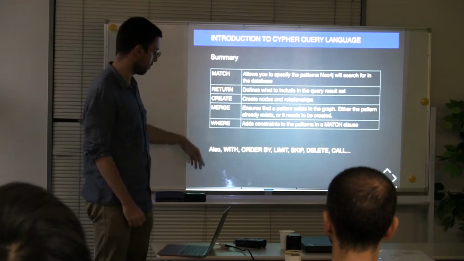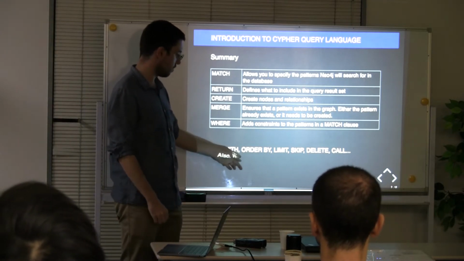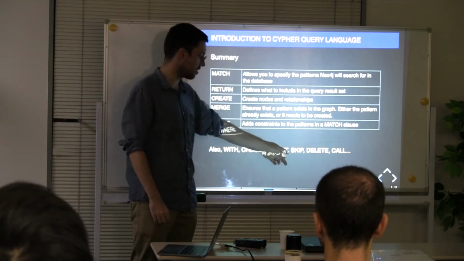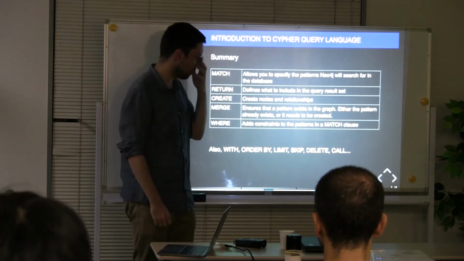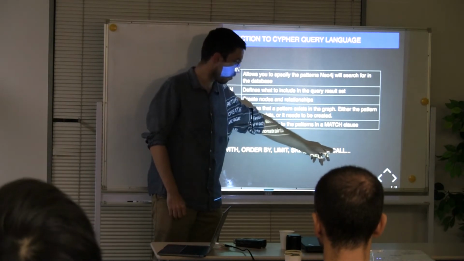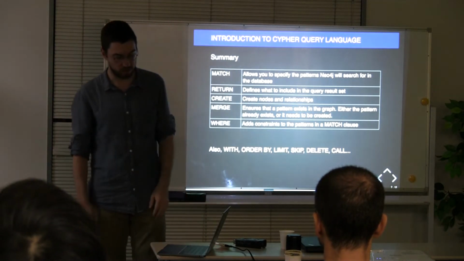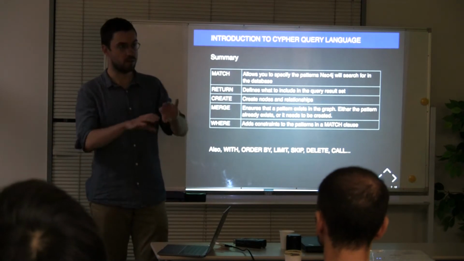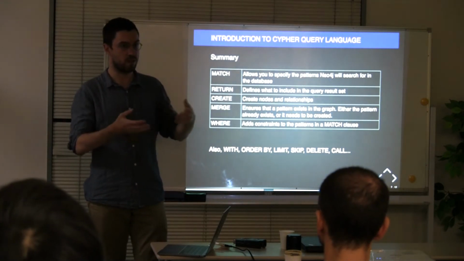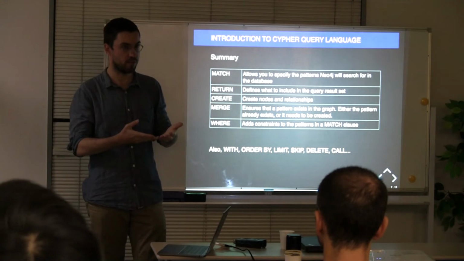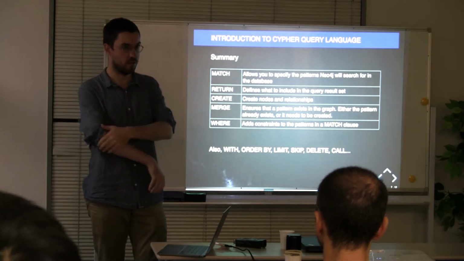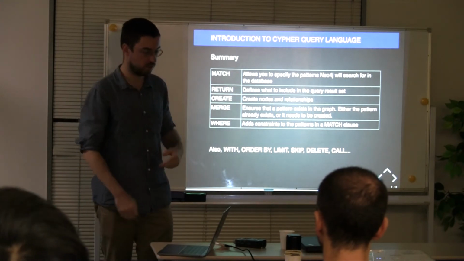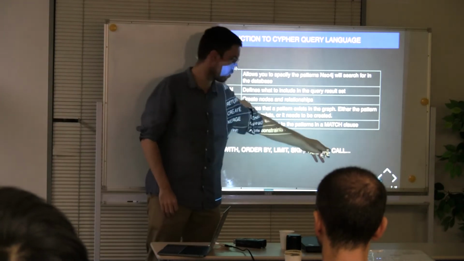There is a lot of ordering as well: ORDER BY, LIMIT, SKIP, DELETE. You can also CALL. CALL is very useful because since your database is a graph, you can use algorithms that are made for graphs, like Dijkstra or A-star. So you can call algorithms using this.